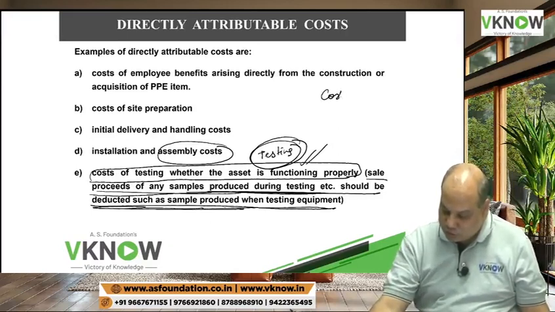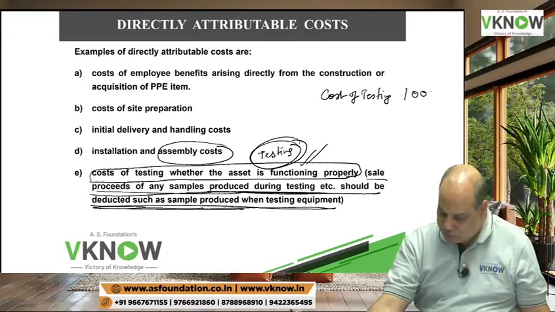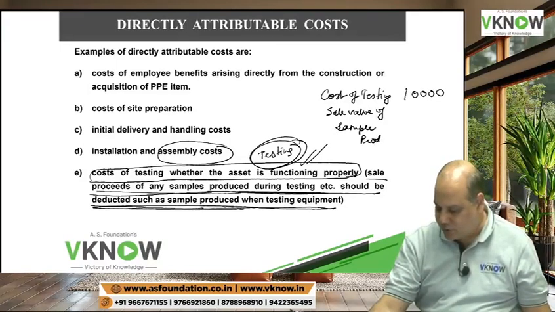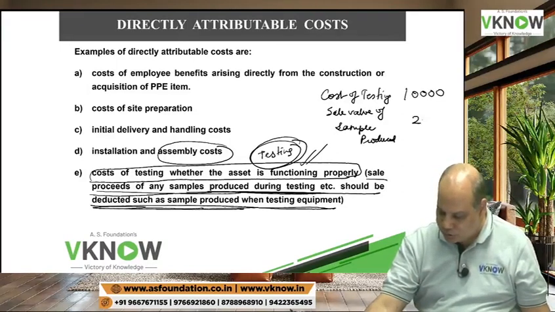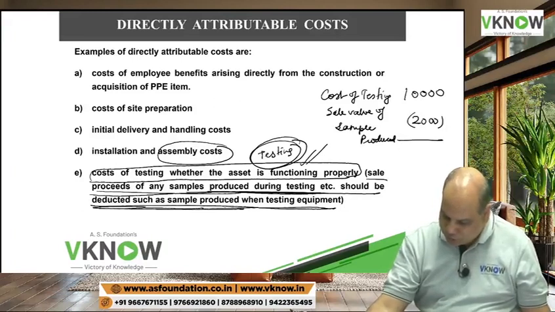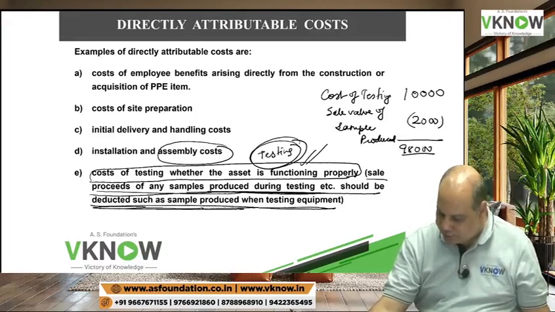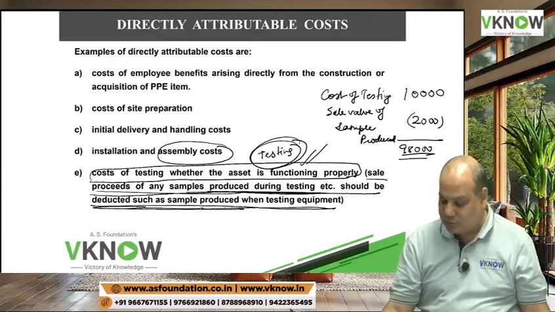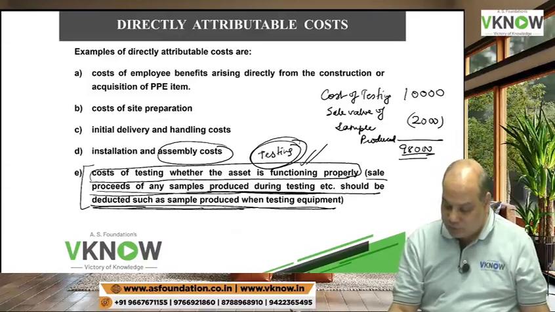So cost of testing is 10,000. Sale value of sample produced, 2,000 rupees. So the net amount to be added is 98,000. Now the student will ask me, what is this item?